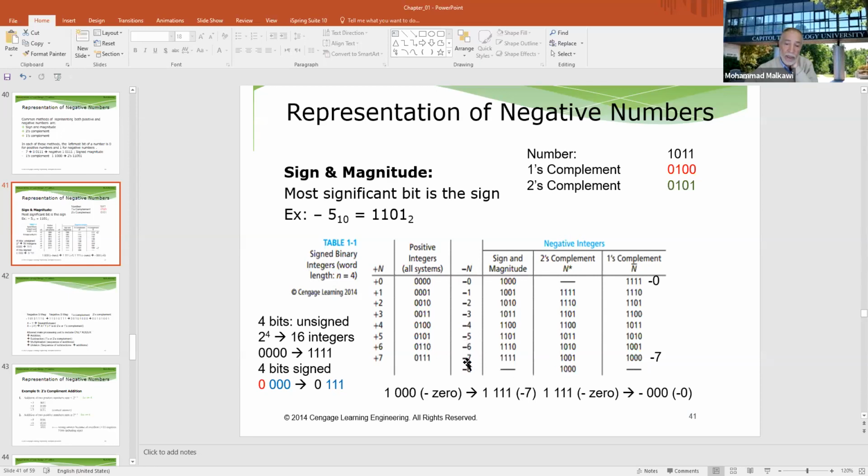Only the 2's complement has the -8. For the sign magnitude it doesn't exist, and for the 1's complement it does not exist. That's because we saved on the -0. That saving allowed us to represent yet one more number.